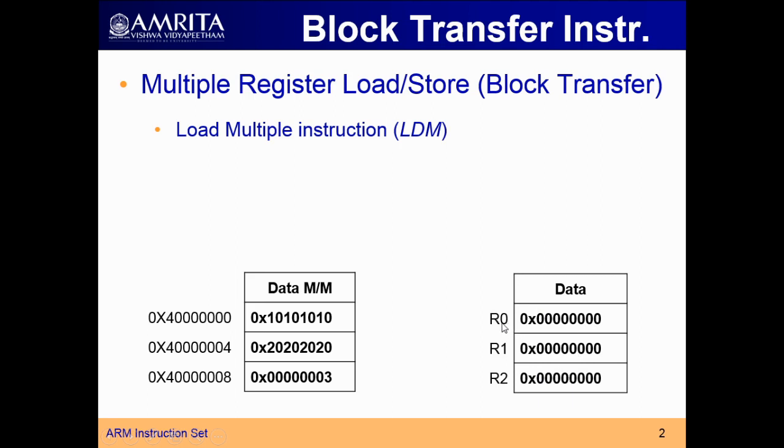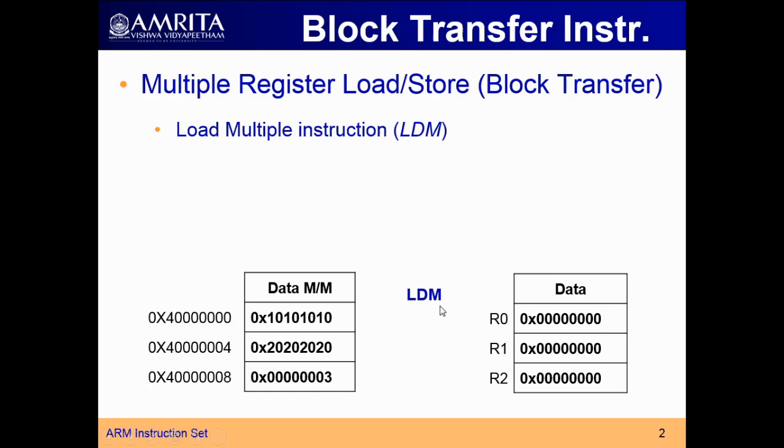Initially, let us consider that all three registers have data 000, and that location 4000 has data 101010, 4004 has another data 202020, and 4008 has another data 0008. On this we are going to apply the load multiple instruction.